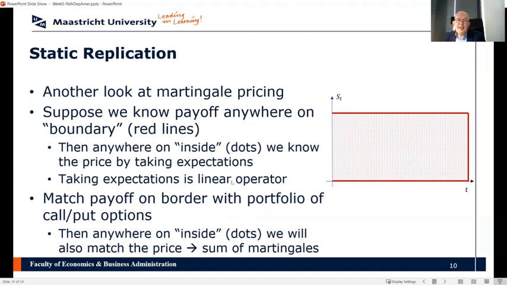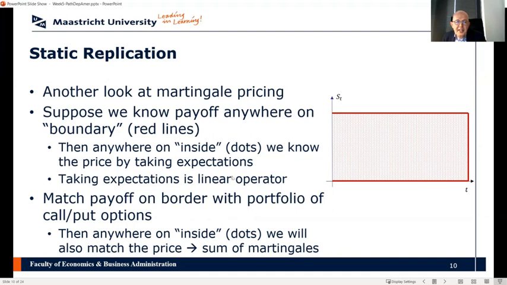And we know that taking expectations is a linear operator. So what's now a clever trick that I can do is, if I can replicate a payoff with a set of typically vanilla European call or put options, and I choose a portfolio of call and put options in a clever way such that I match the value of the contract that I want to price exactly on these three red lines, then by no arbitrage and by martingale pricing, it must be the case that on the whole inside region, the value of the exotic option and of my static replicating portfolio must be exactly the same.